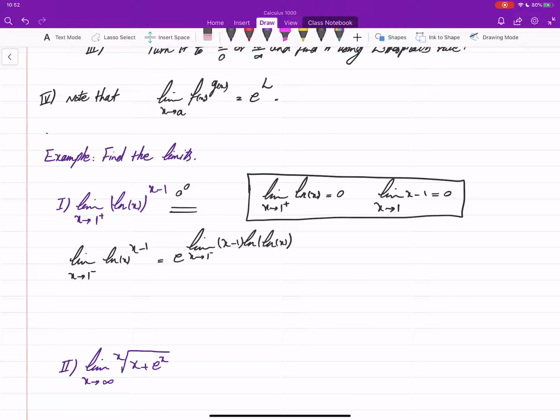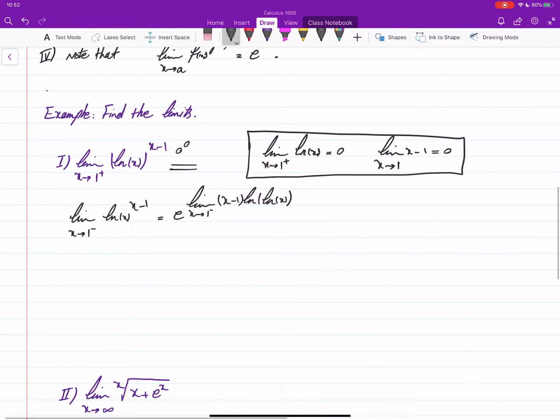And then we will study this separately, because now we have an indeterminate product: the limit of (x minus 1) ln(ln x) as x approaches 1 plus. Oh, this is plus, I need to put plus.